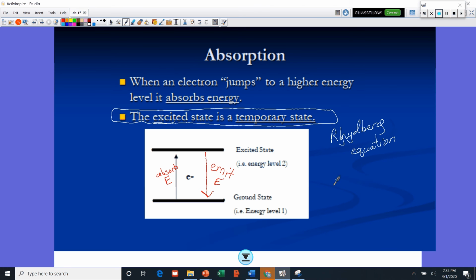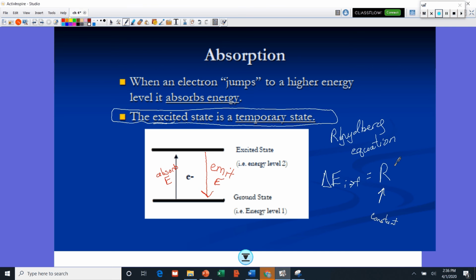Basically, delta E, the change in energy, going from initial to final, is equal to R, and R is a constant. You don't need to know the number for R. We're just going to assume it's a constant. It's always the same, so it's always multiplied the same.